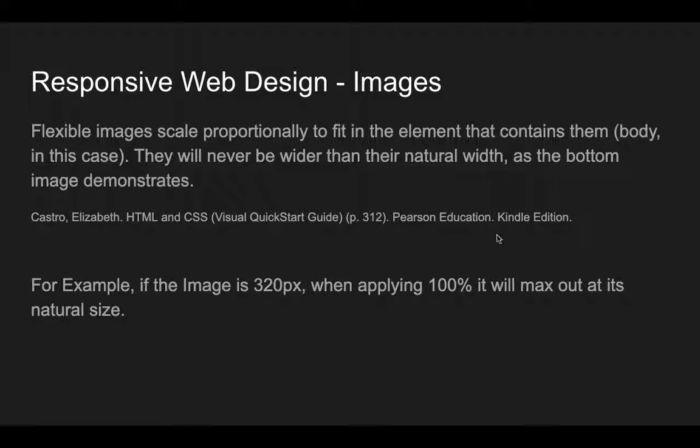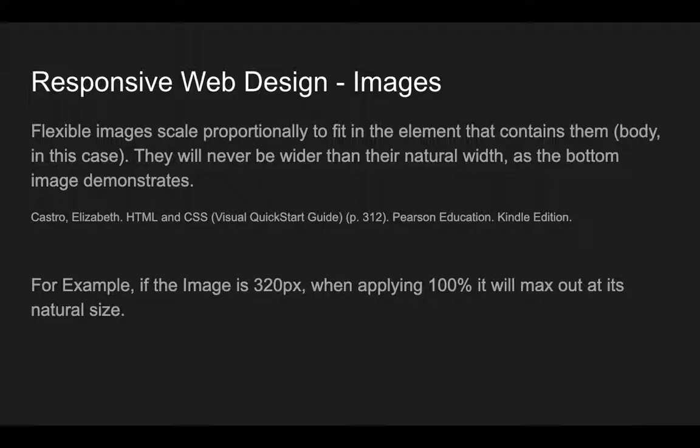So if I have an image that's 320 pixels, when I apply 100%, it will max out to the natural size of the image. Meaning if the image itself is 320 pixels, it will go out to 320 pixels and no greater, right? There are some ways you can get around this, but you really don't want to.